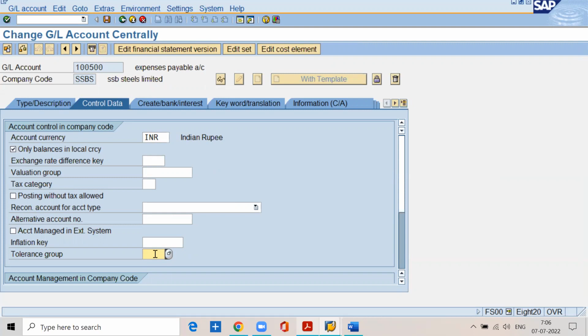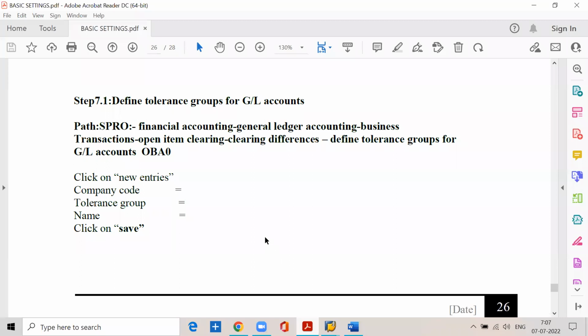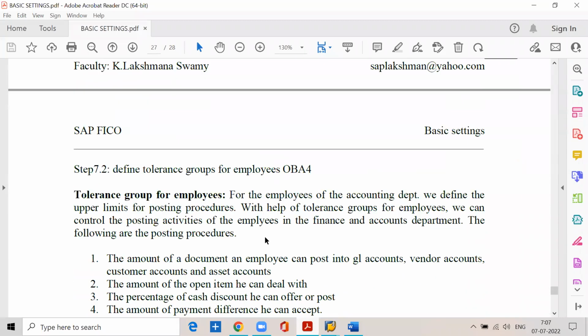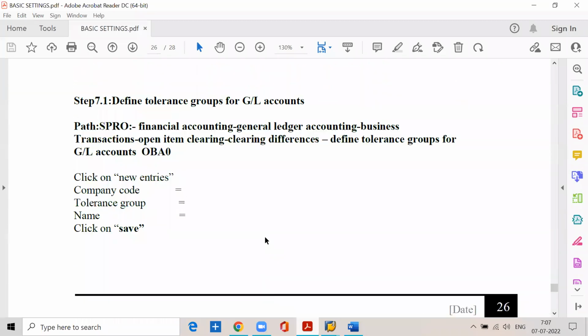Suppose we did not assign any tolerance group here, then the values of the blank tolerance group is applicable to the balance in this GL account. So in addition to the required tolerance groups, normally we also define one blank tolerance group, even in real time also. Clear? So this is the concept of tolerance groups for GL accounts.